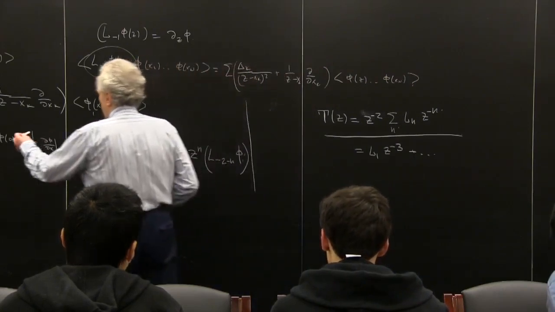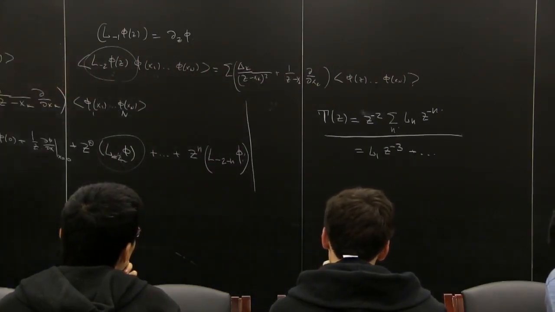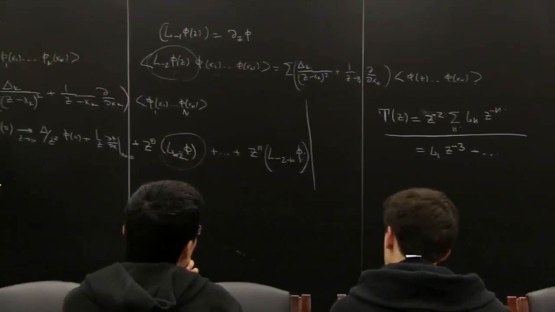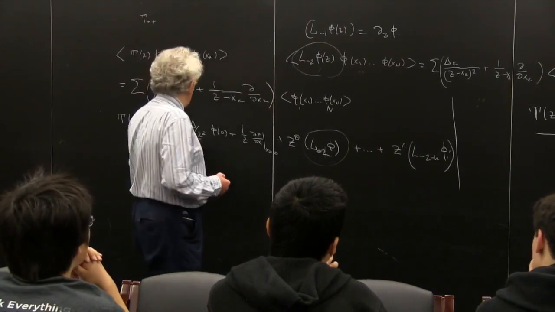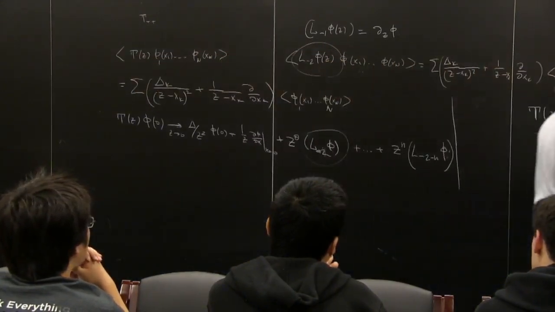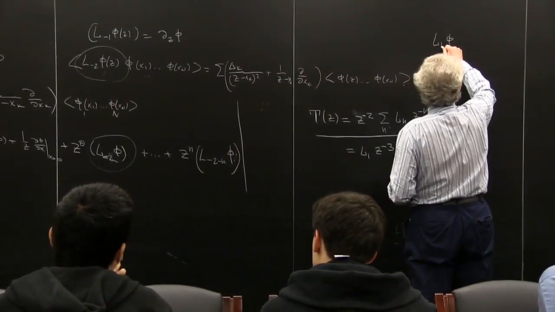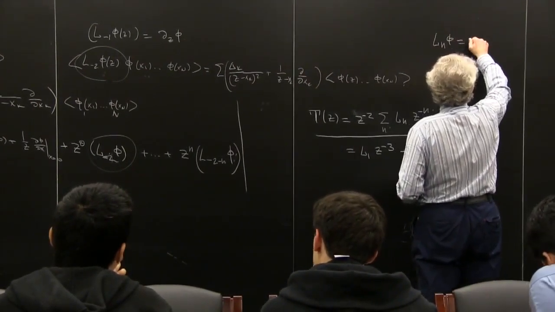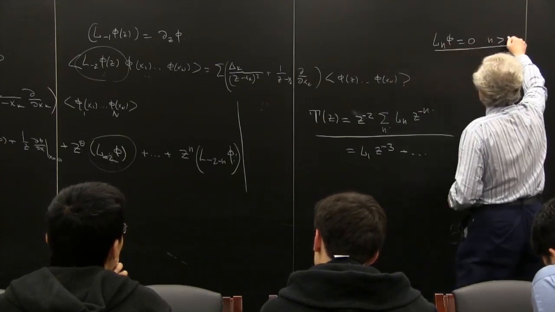So when you collide it with the operator phi, we see that there's no such term, which symbolically we write down as the condition L_n phi equals 0 for all n greater than 0.